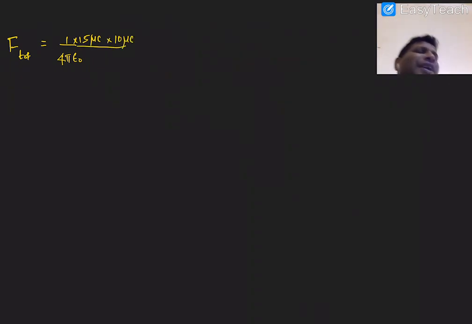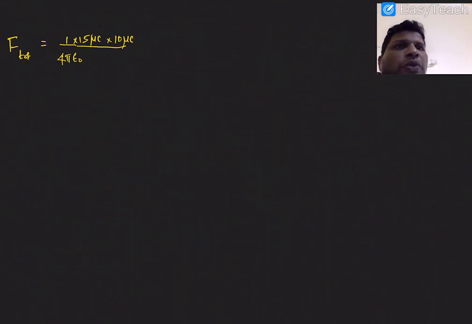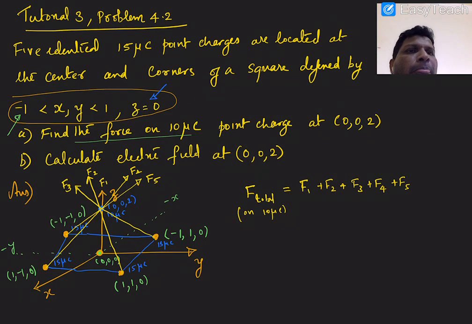So this will be a common term because everywhere the charge is the same, that is, we have 15 microcoulomb everywhere. So this will be a common term. Then we will see what the vector in this direction is.